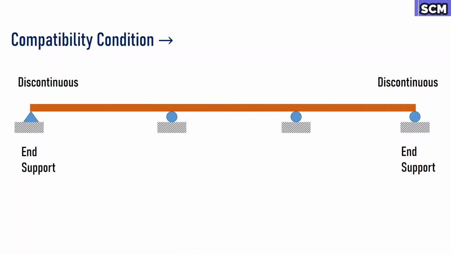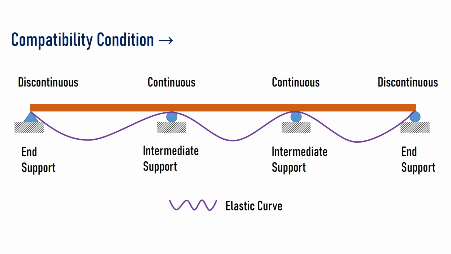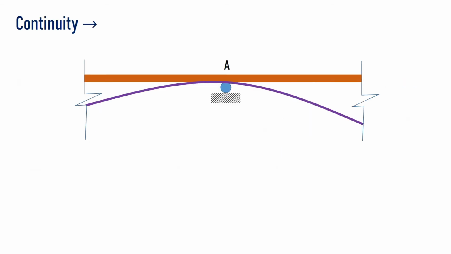The compatibility condition used for this method is that the elastic curve will be continuous at all of the intermediate supports of the continuous beam. To understand the concept of continuity, let us consider an intermediate support A of a continuous beam.